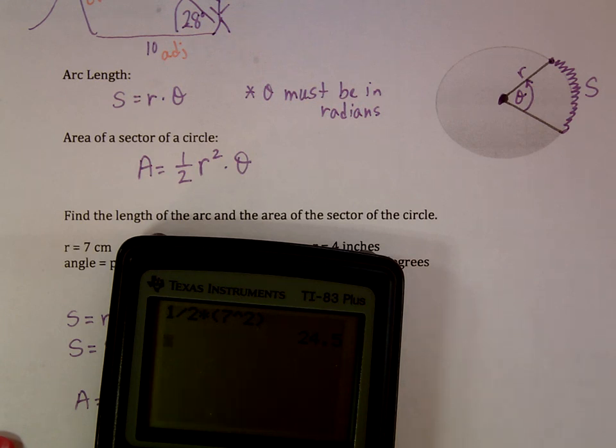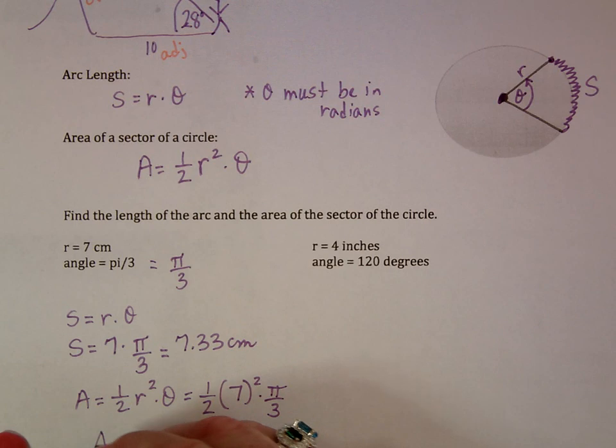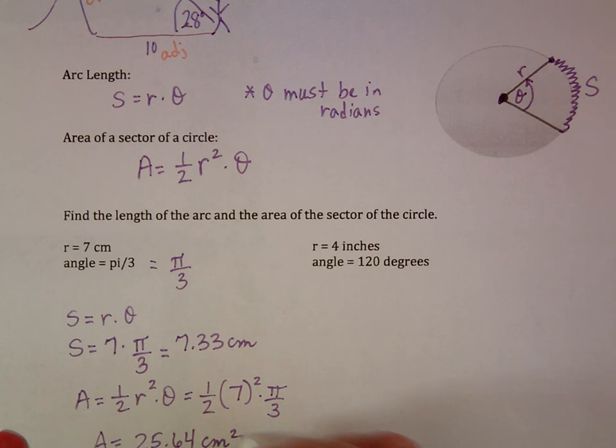But then I'm going to times it by pi, 3.14, divided by 3. And that gives me my final answer of 25.64. So this area equals 25.64. My units are going to be squared because it's an area, so centimeters squared.